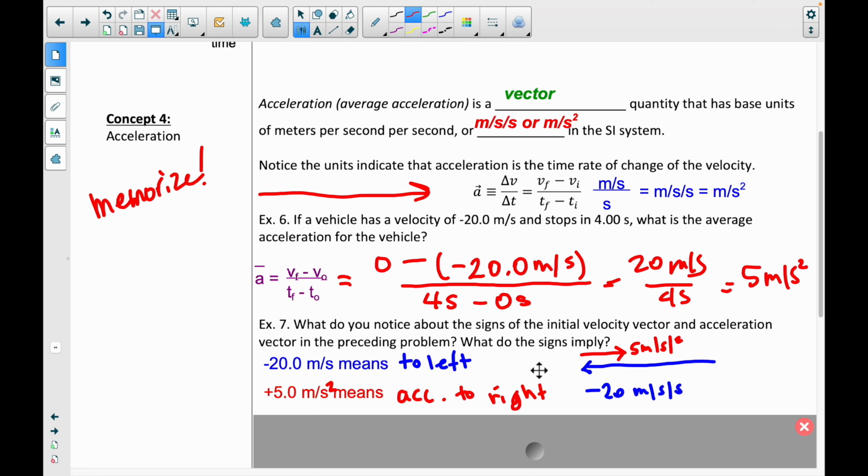In other words, every second, it's losing 5 meters per second. So it starts out at negative 20, but then it's going to negative 15 and negative 10 and so on. And so what's happening is it is slowing down, and it's going to take 4 seconds. If it's changing at 5 meters per second each second, then that's going to take 4 of those, so 4 seconds for it to reach the stopping point at 0.